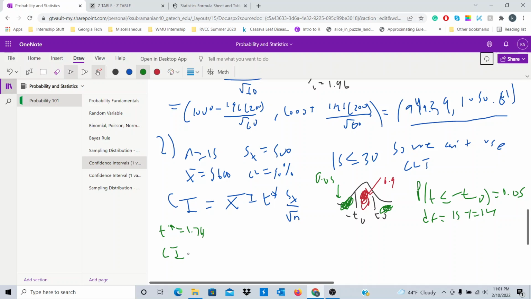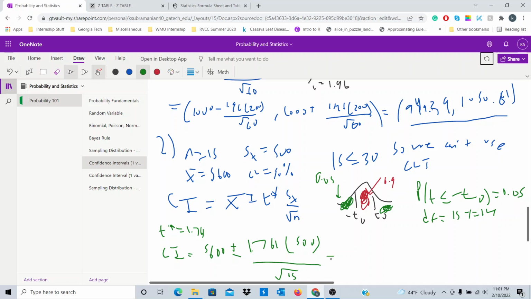So our confidence interval, plugging into the formula, is going to be 5,600 plus or minus 1.761 times 500 over the square root of 15.